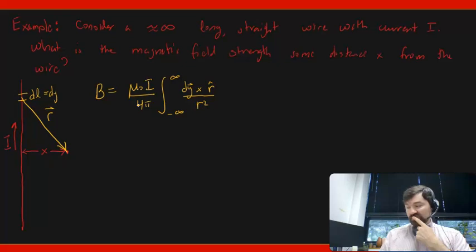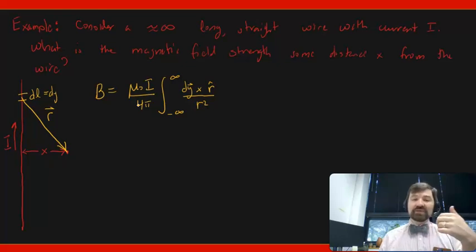Now, we may note that the r squared terms, the x term, and this cross product can be related, so that instead of having multiple variables, we have a y here, and we have an r that is somehow a function of y. We'd like to reduce, as best we can, to one variable against which we integrate, and then a bunch of other variables that we do not integrate against.